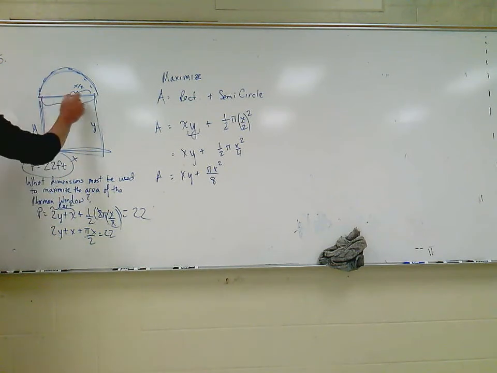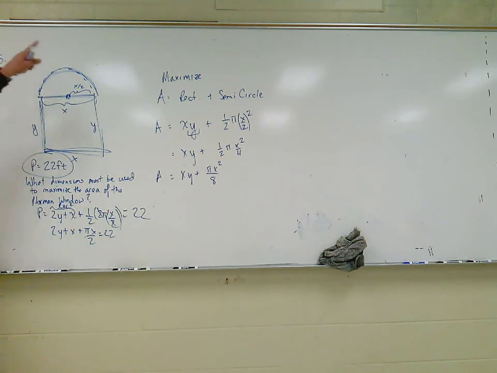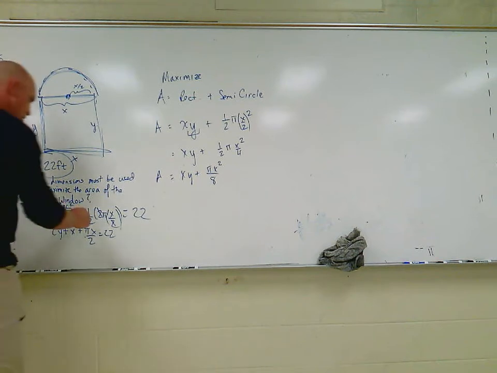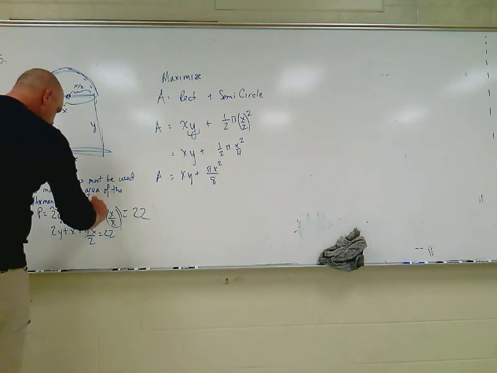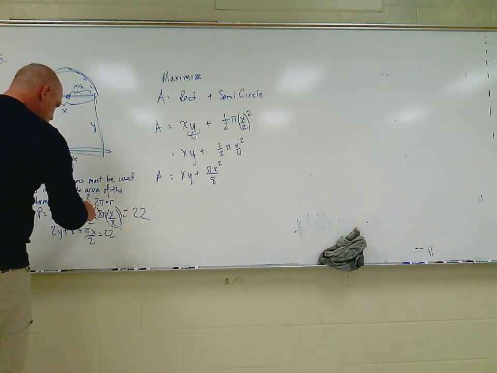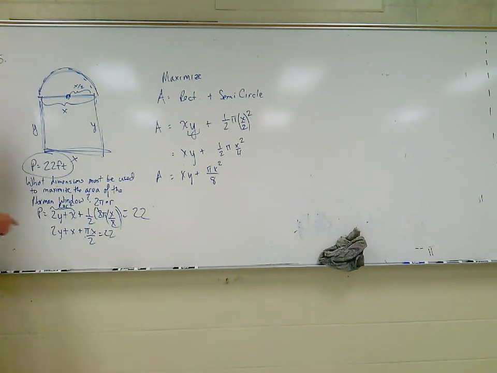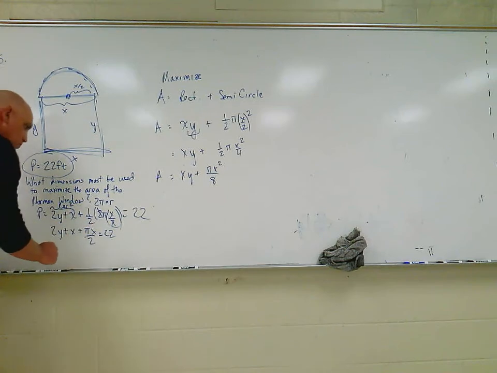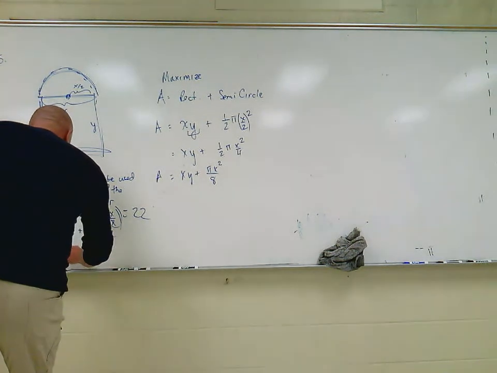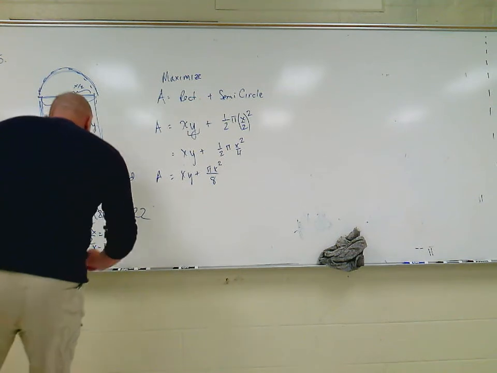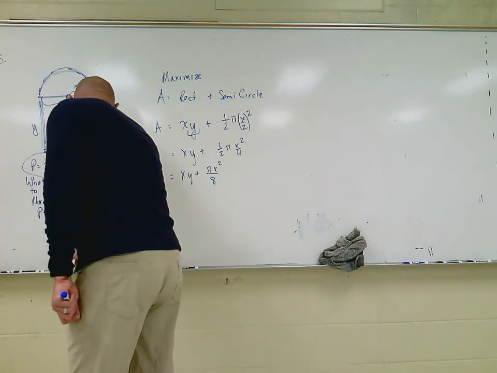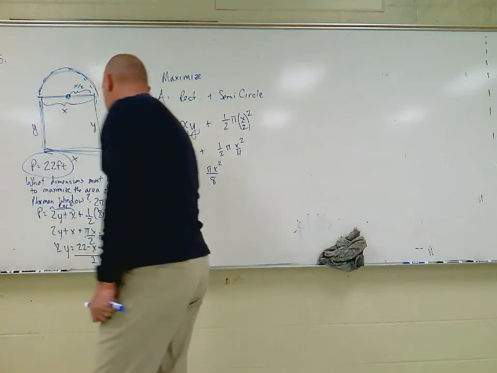Notice you don't use this central part because it just wants the perimeter of the window. And this is the circumference of a circle, 2 pi r, but I multiplied by 1/2. So I'll just bring these two over. So 2y equals 22 minus x minus pi x over 2. And then if I divide everything by 2, that's my y.